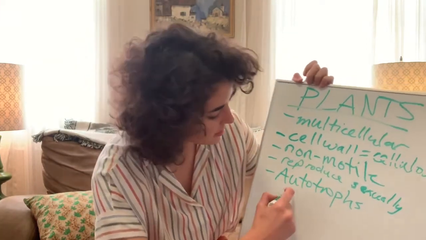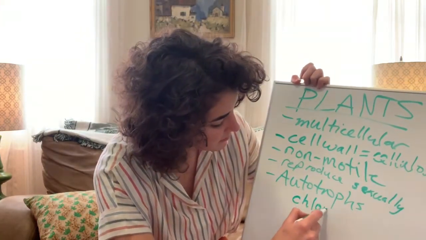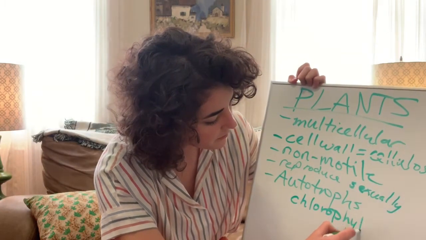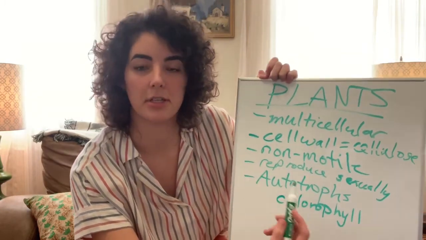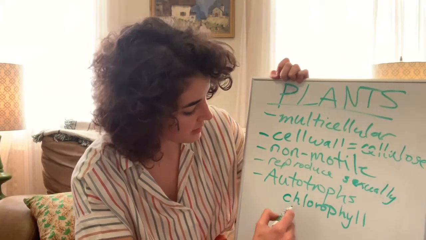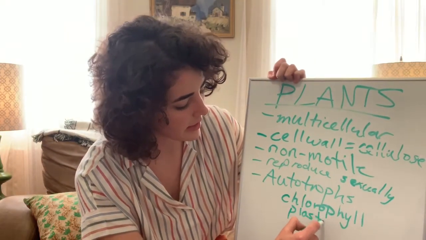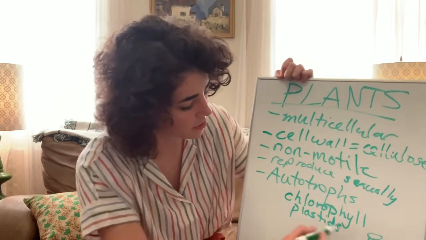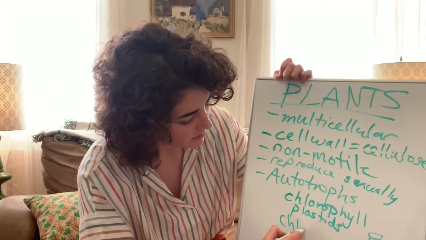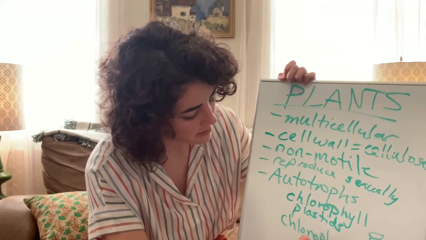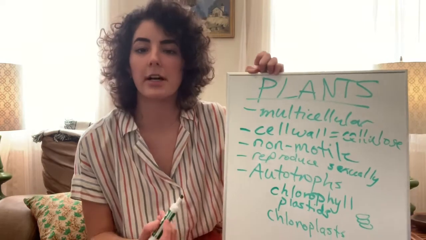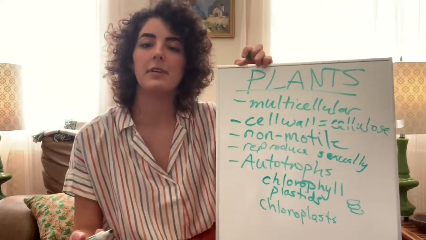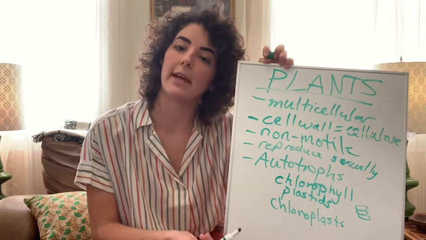We've got chlorophyll, which is the pigment that actually does the photosynthesizing. We've got plastids, which are those stacks of pancakes looking things like this. And those are all inside of chloroplasts, which are the specialized organelles that live inside of the cells of plants.